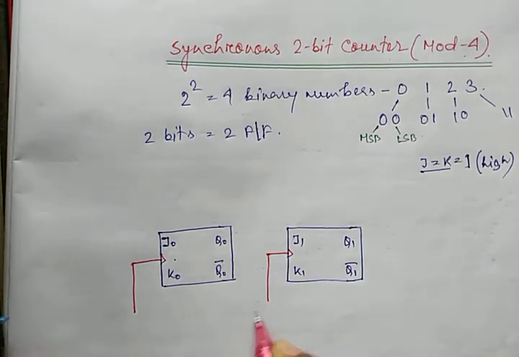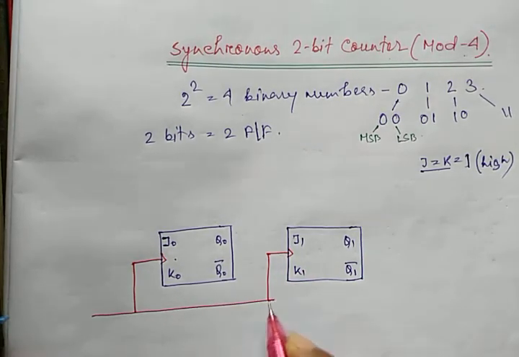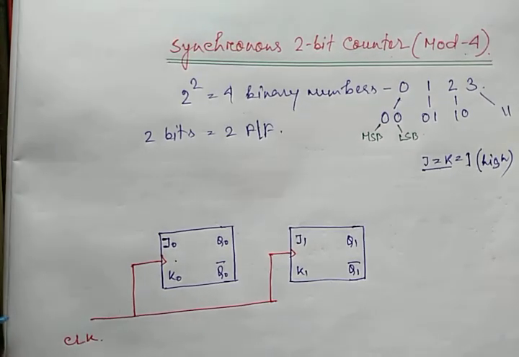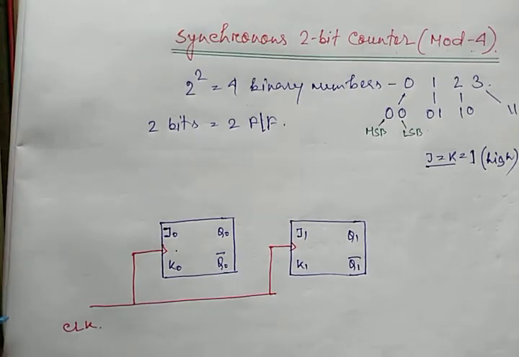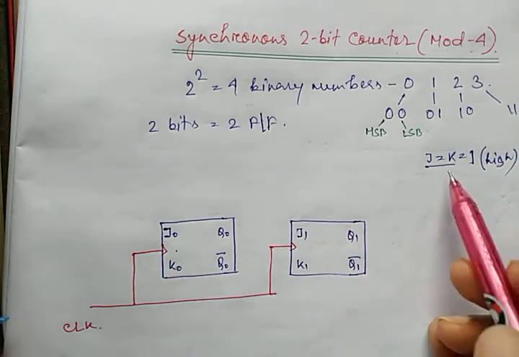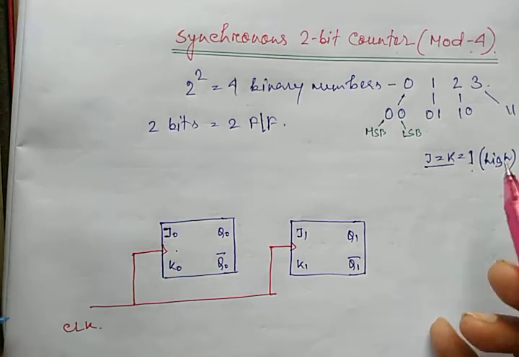This is the clock pulse which is fed in both flip-flops. Now we have to see what will be the input and output of these flip-flops. Both inputs J and K must be 1 in order to achieve the toggle state.